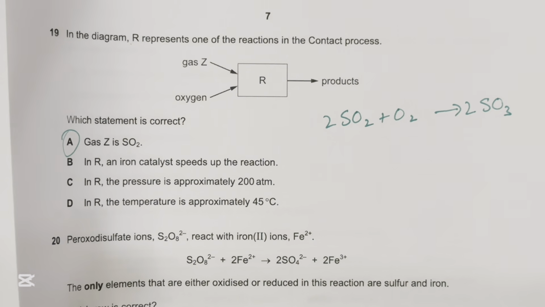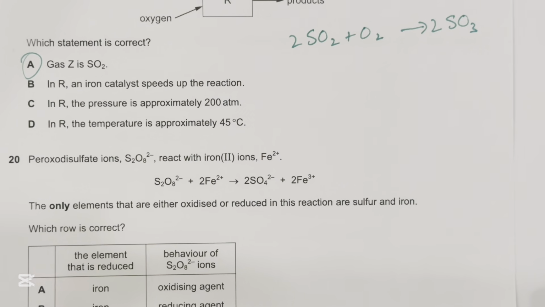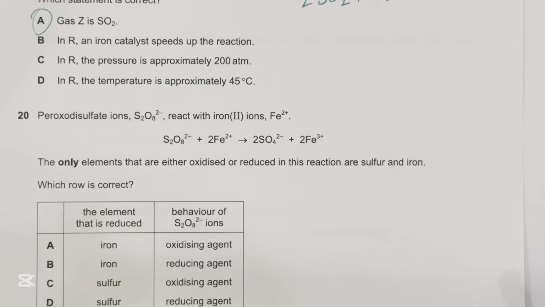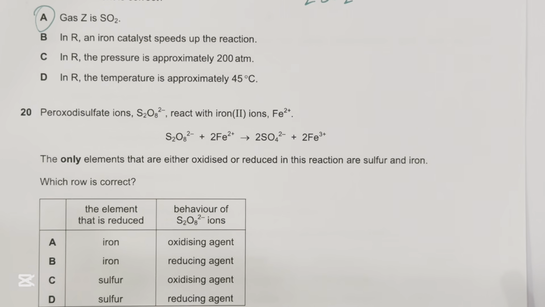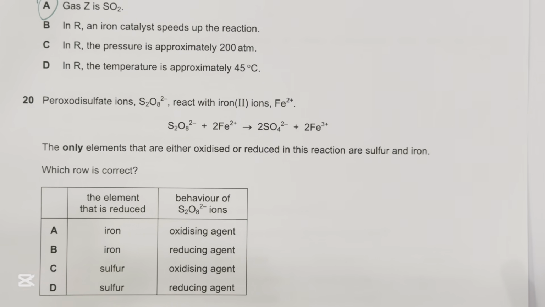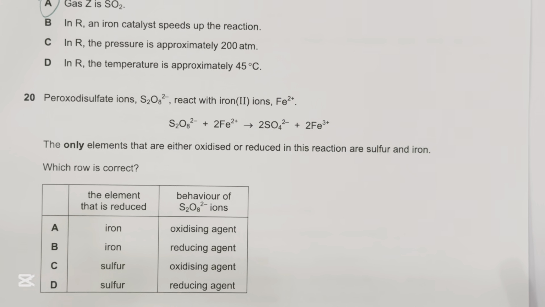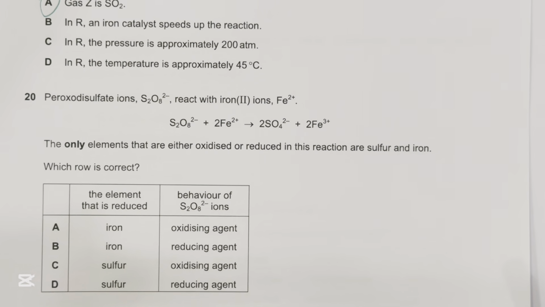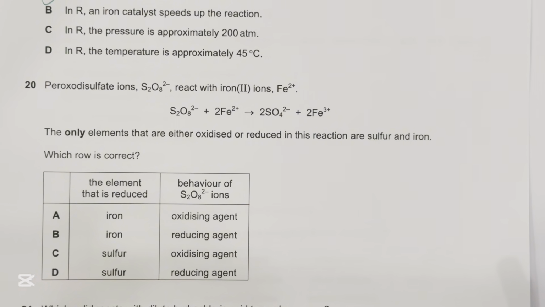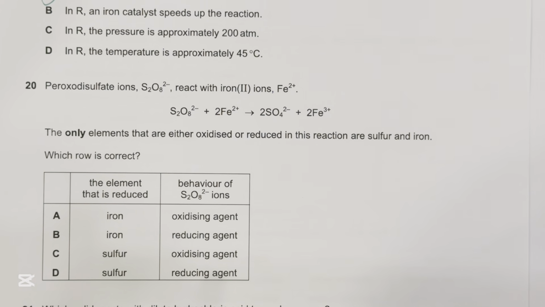Moving to question number 20. The peroxydisulfate ion S2O8 2- reacts with iron(II) ions, Fe2+. S2O8 2- plus 2 Fe2+ ions would give you 2 SO4 2- plus Fe3+ ions.